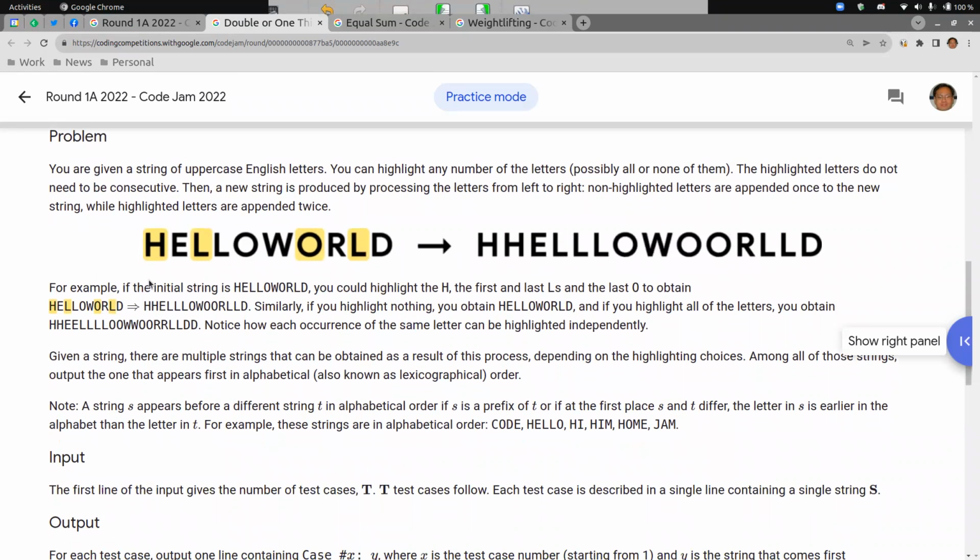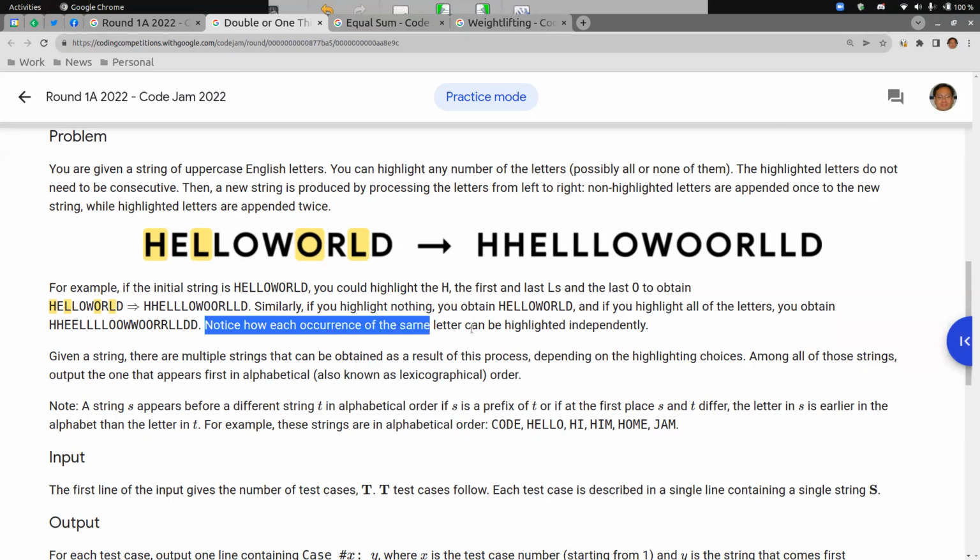So for example, if the initial string is hello world, you could highlight H and then L, first L, last L, and the O. And then when you actually get the string after you double things up, anything that is highlighted becomes duplicated, and things that are not highlighted stay as they are. Okay, that's the operation.